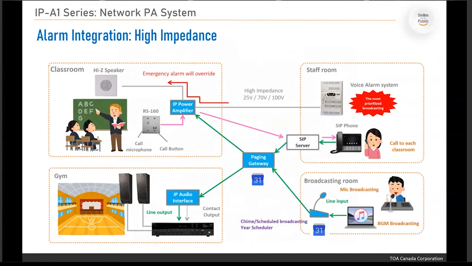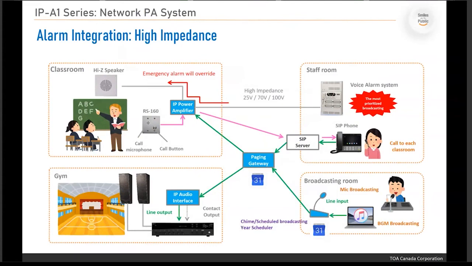The second example here is just an example to show the integration that I was speaking about with the IP power amplifier. So in case we have a voice alarm system in the staff room, and we have a high impedance output, 25 volt, 70 volt, or 100 volt output, we can connect this directly to our IP power amplifier, and this will allow the emergency alarm to override in case of emergencies.